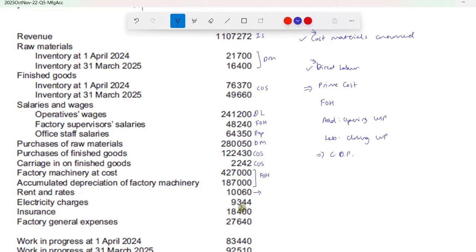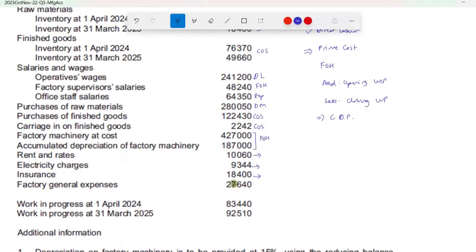Electricity charges also depends. If electricity charges is for factory, we have to capture in the factory overhead section inside manufacturing statement. If it is for office, then it will be expenses in the income statement. Same for insurance, right? We'll read from the additional information, see if it explains.